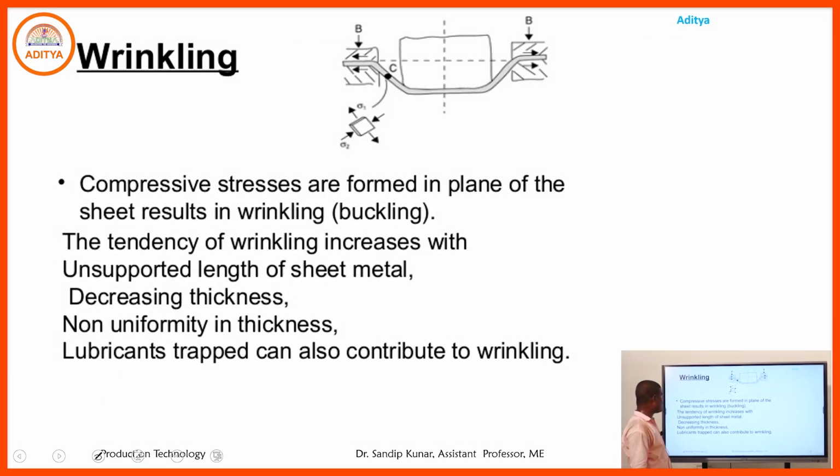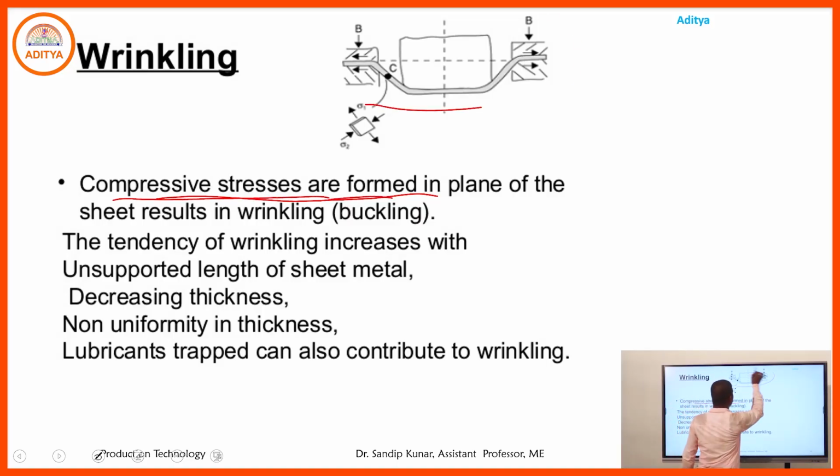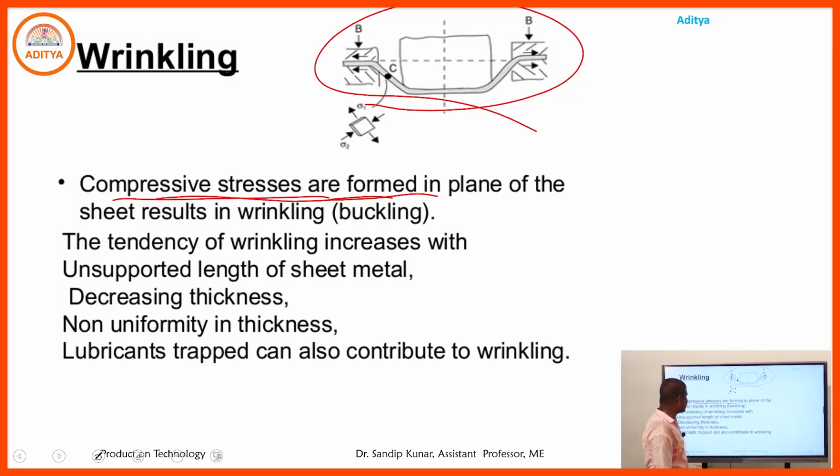Wrinkling. What happens in that process? Compressive stresses are formed in that particular plane, and due to the higher compressive stress, wrinkling or buckling sometimes happens. The tendency of wrinkling increases with the unsupported length of the sheet metal.